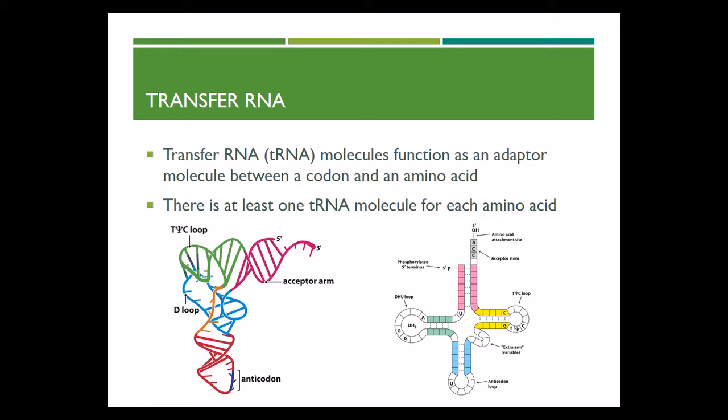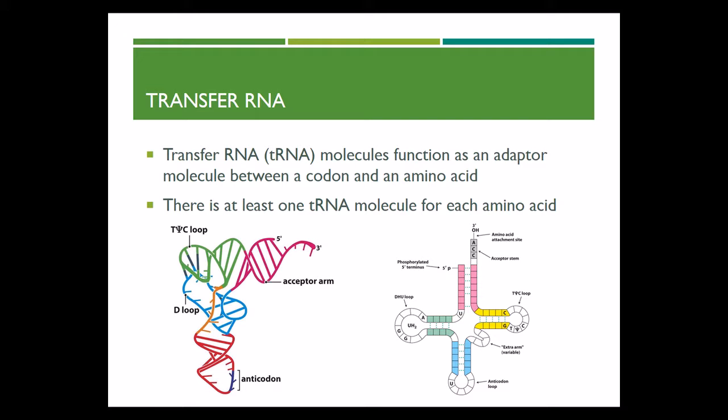What is the role of the transfer RNA? Well, as its name implies, it's going to transfer something, and in this case, it's going to transfer your amino acids. Therefore, the tRNA carries out the work of bringing amino acids to the ribosome for protein synthesis.